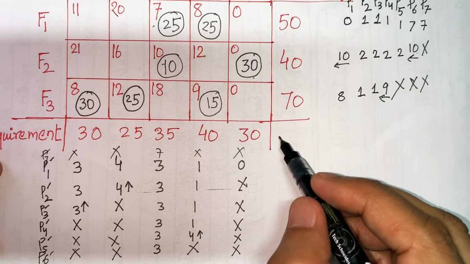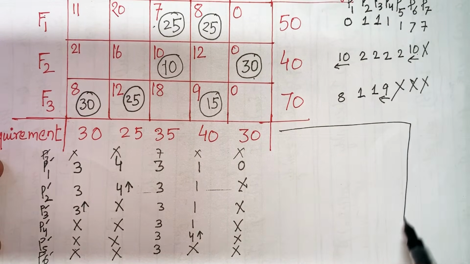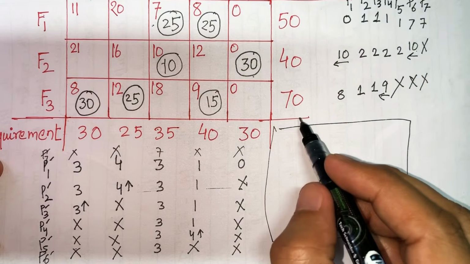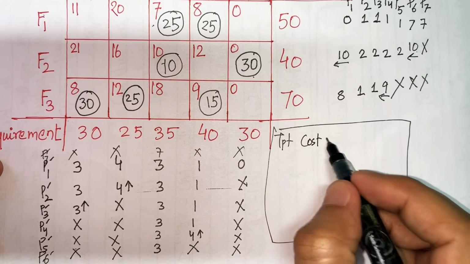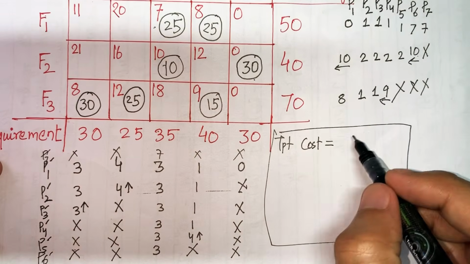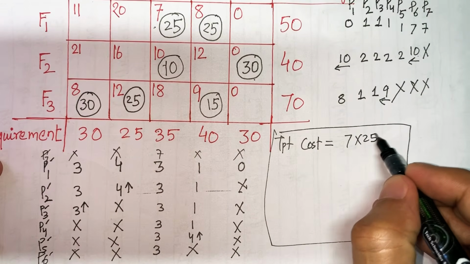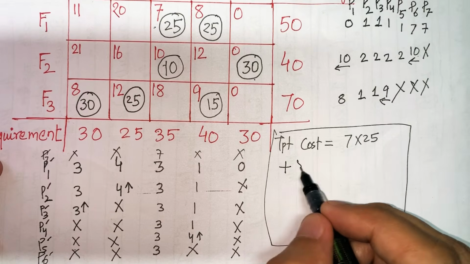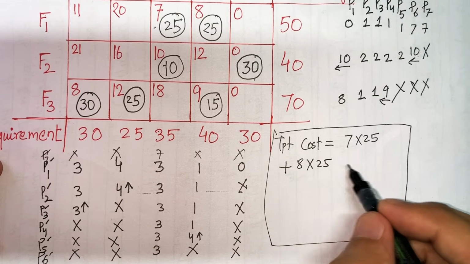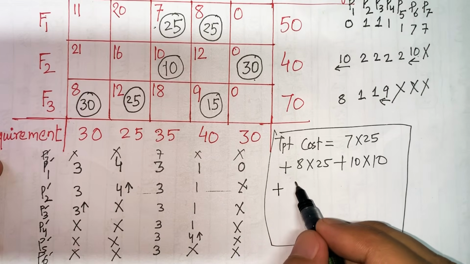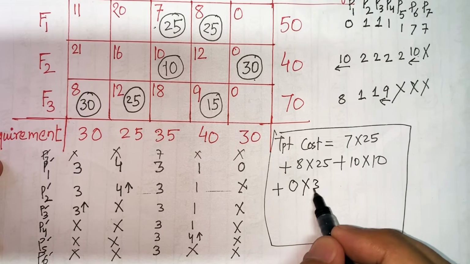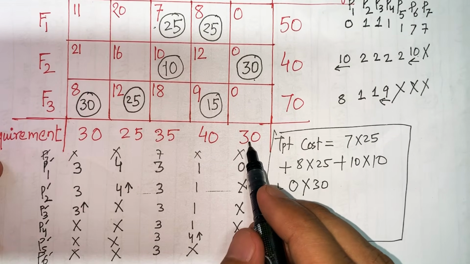Now when I calculate the transportation cost, I'm going to calculate in this bracket here, and I'll write it TPT cost. It will be 7 times 25 plus 8 times 25 plus 10 times 10 plus, now this is the beauty of the problem, 0 times 30, because there was 30 surplus units which I have given.